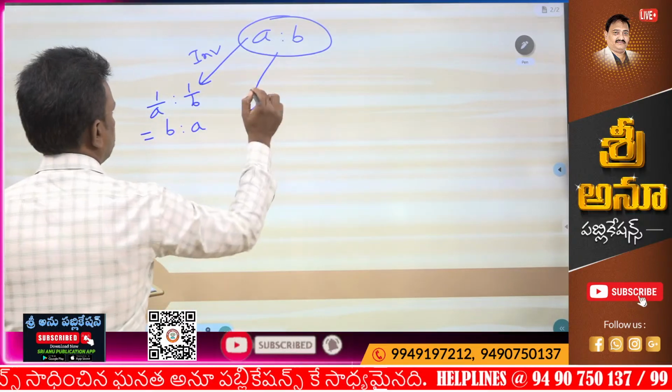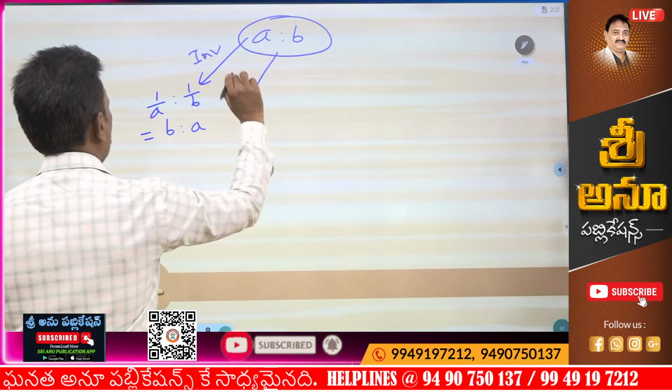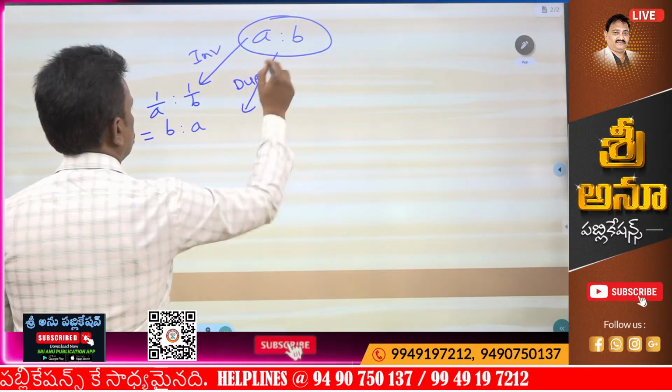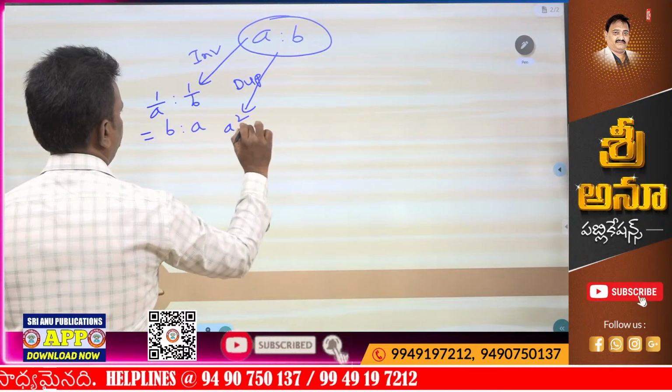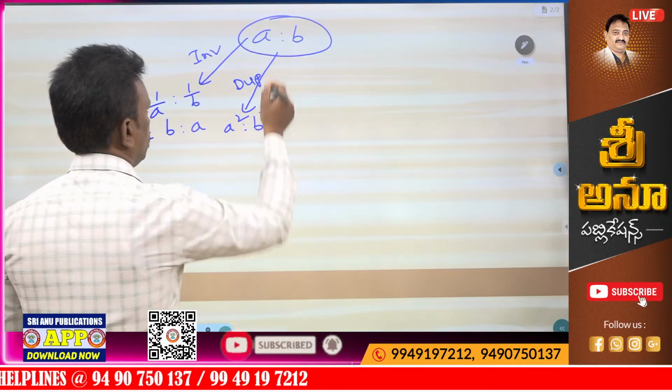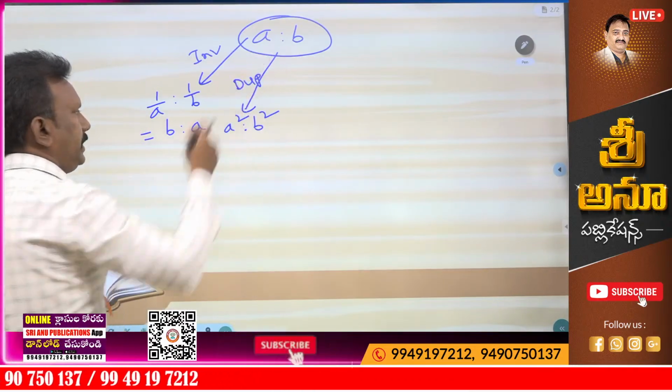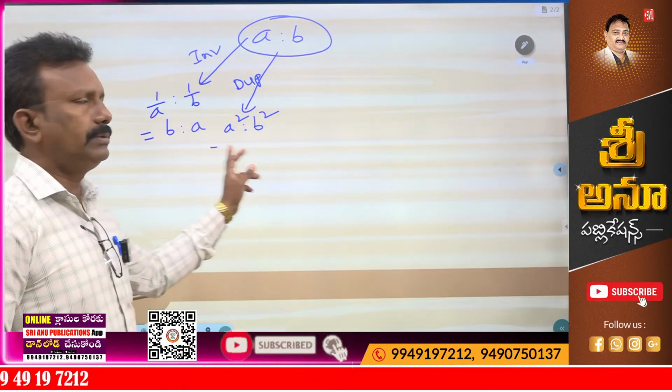The next one is duplicate ratio. Duplicate ratio of A is to B is defined as A square is to B square.